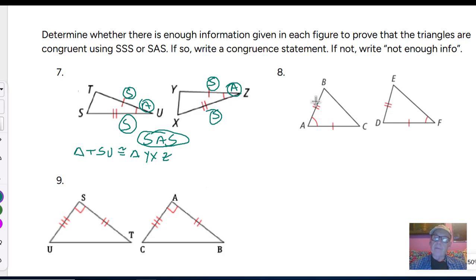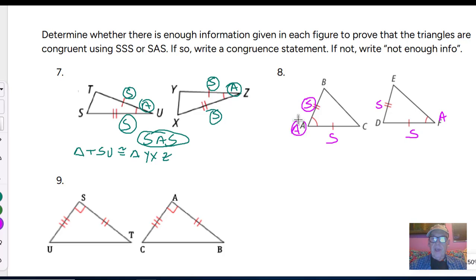Let's look at number 8. This double marked one goes with the double marked one. A goes with F, and AC matches with DA. So let's see what we have.